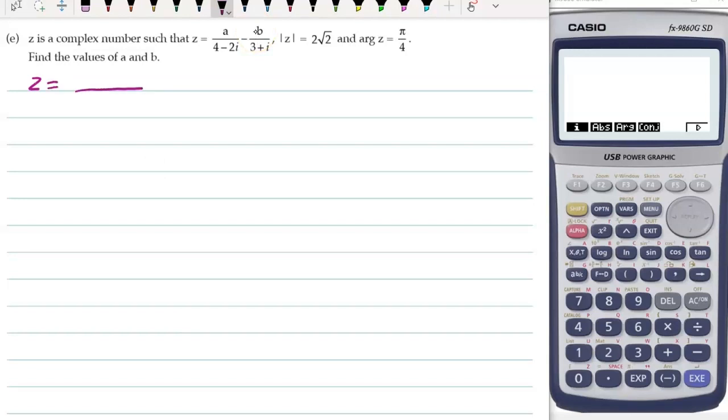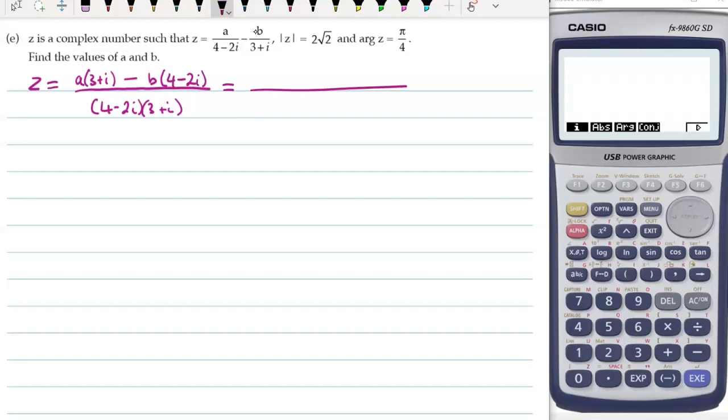I'm going to do this by putting it over a common denominator. So if we were to make that common denominator 4 minus 2i times 3 plus i, then the a part will be multiplied by the 3 plus i. We take away the b part on the top, and because we've got the subtraction just there, that needs to be times by 4 minus 2i.